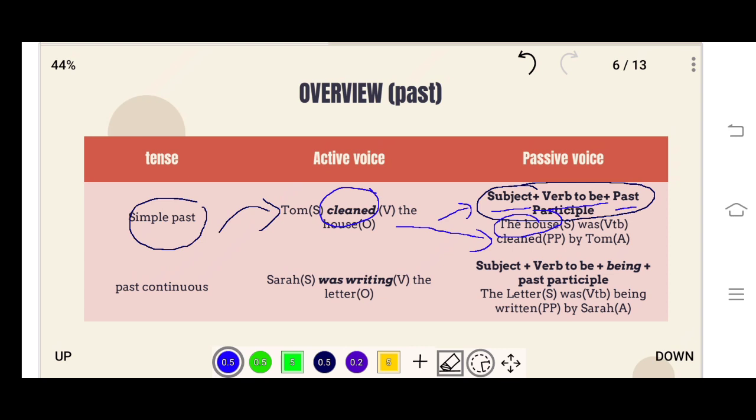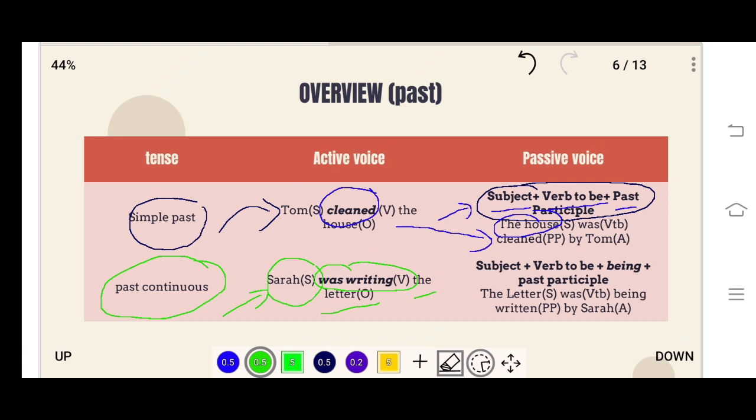Now let's move on to the past continuous of the past tense. The first one is Sarah was writing the letter. Students, please don't be confused, because we have the simple past and the past continuous tense. Sarah is the subject, was writing is the verb, and the letter is the object.